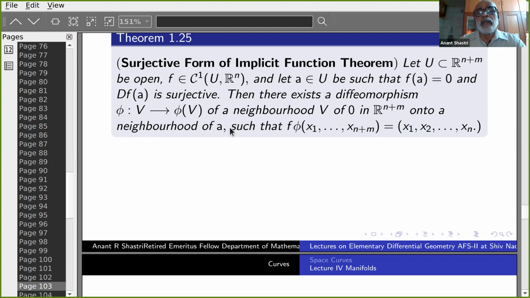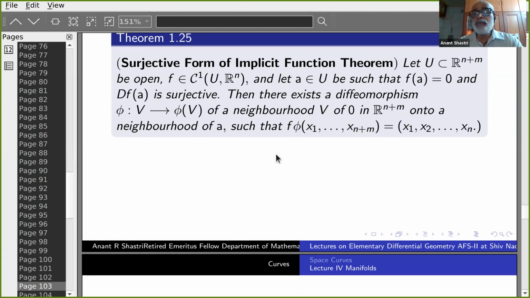There is a diffeomorphism phi from a neighborhood V of 0 onto a neighborhood of A, such that when you compose it with F, F composite phi, it will look like a projection to the first n factors.